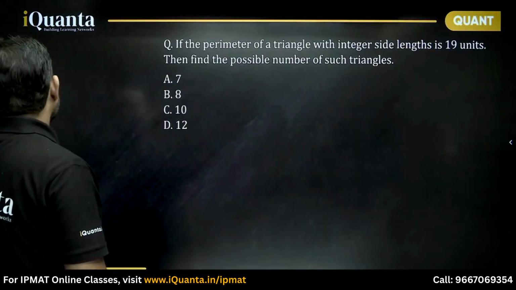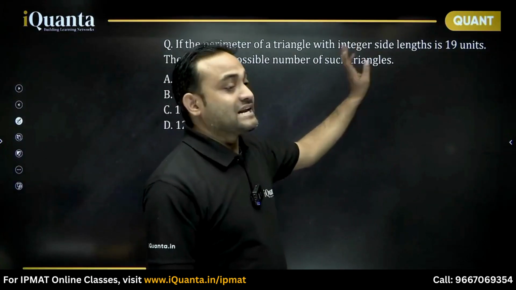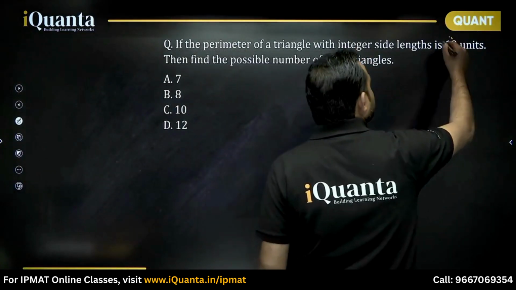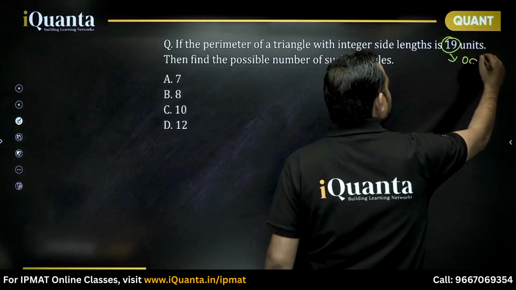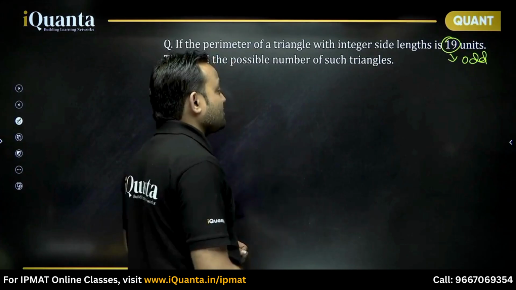Now, next question is a similar question, but in this case the perimeter is 19, which is odd. 19 is odd. Again, we will try to solve it with the normal method first.